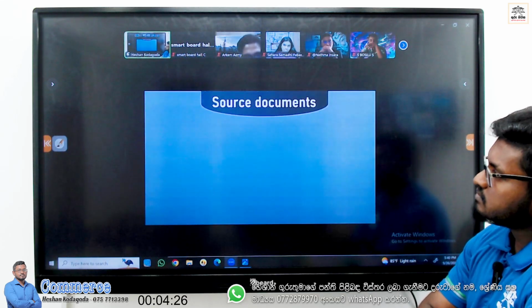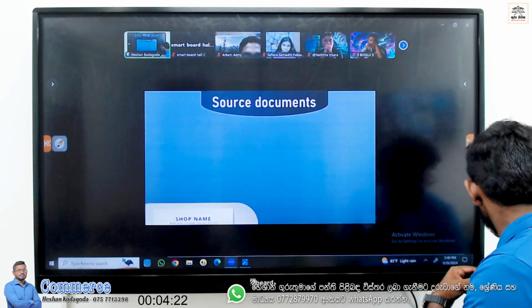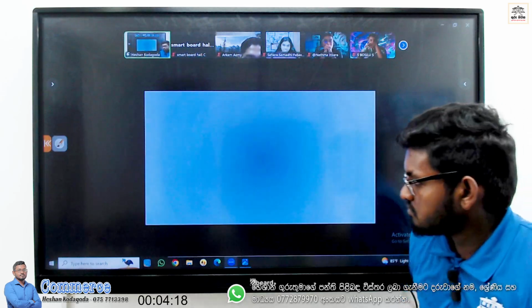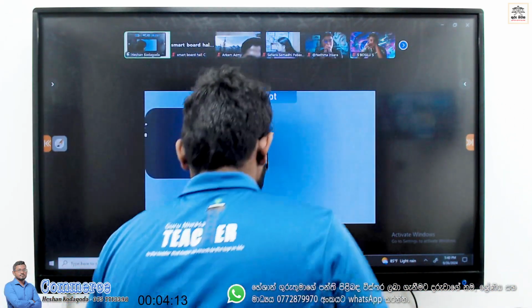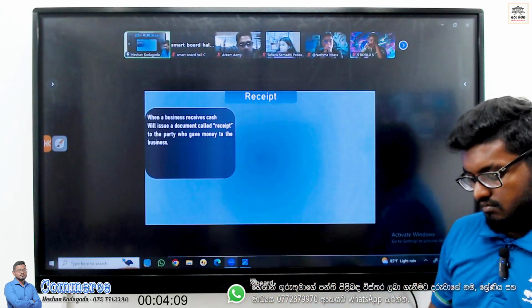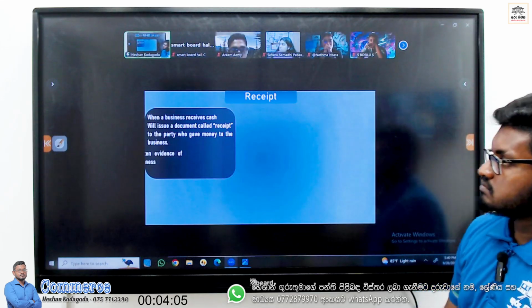Let's talk about source documents. There are two types of source documents. One, receipt, then payment voucher. If you talk about receipts, when a business receives cash, it will issue a document called a receipt to the party who gave money to the business.